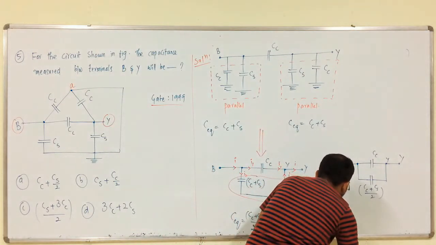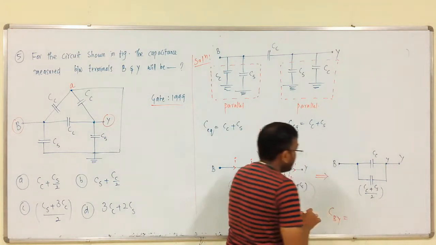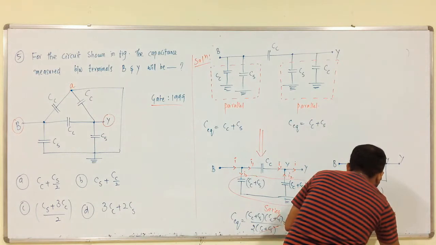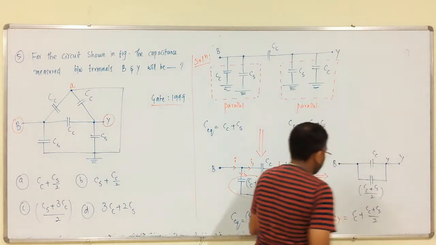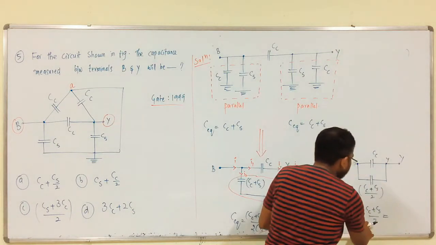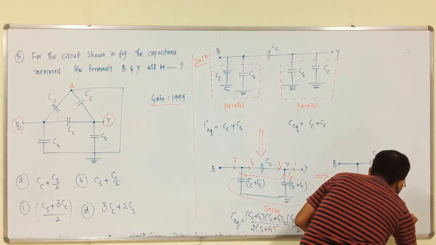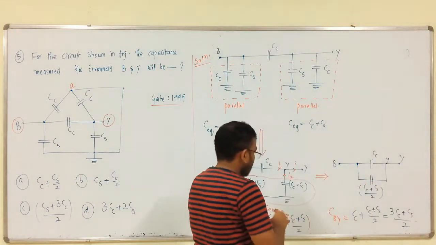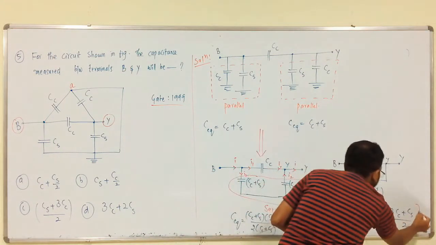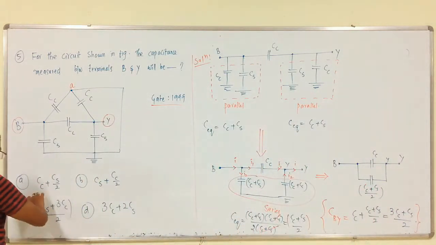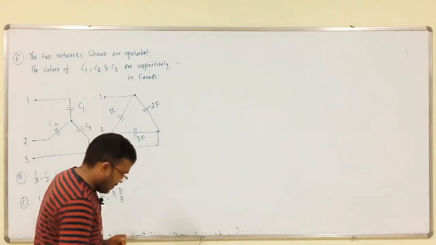Therefore, CBY is nothing but CC plus CC plus CS by 2, which is equals to 2 CC plus CC plus CS by 2, that is 3 CC plus CS by 2. So, this is the required answer, that is 3 CC plus CS by 2. So, the option is C.